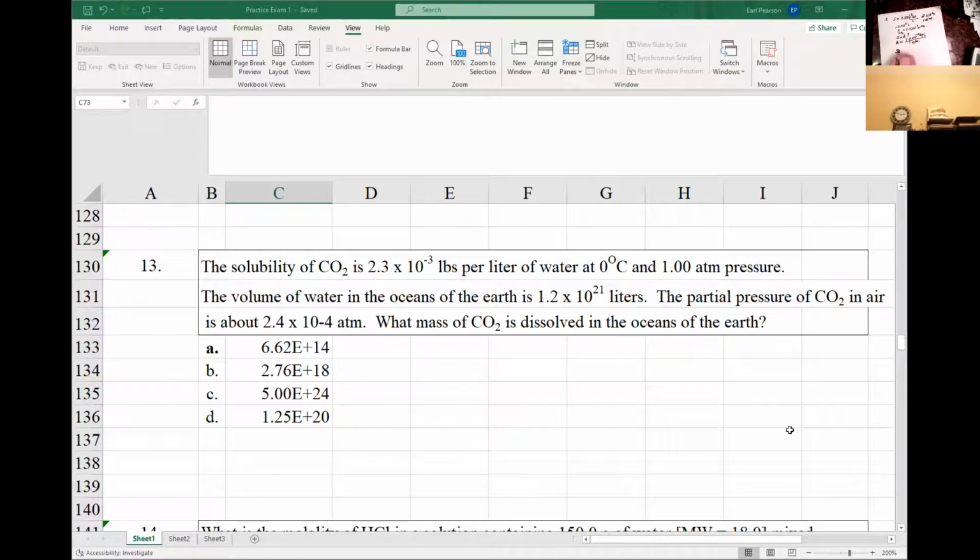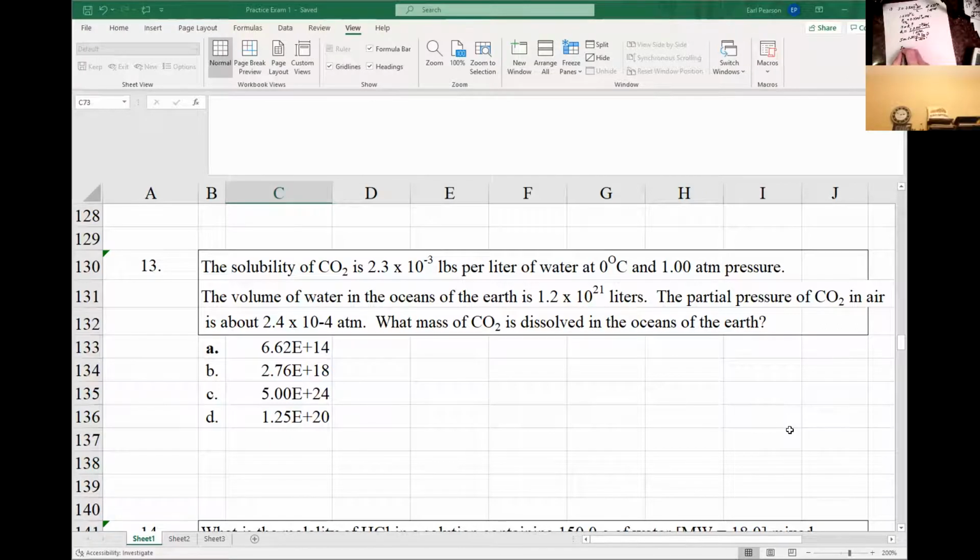So the solubility is equal to this constant, 2.3 times 10 minus 3 pounds per liter per atmosphere, times P. So now all I have to do is plug in the pressure and plug in the volume, and I've got it made.